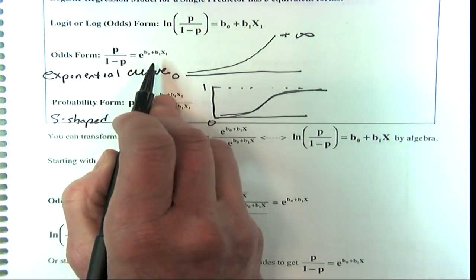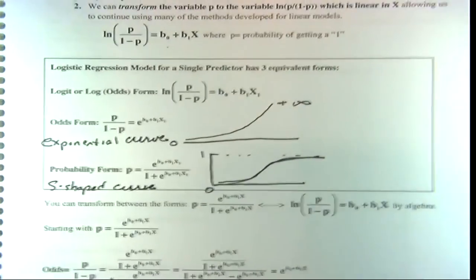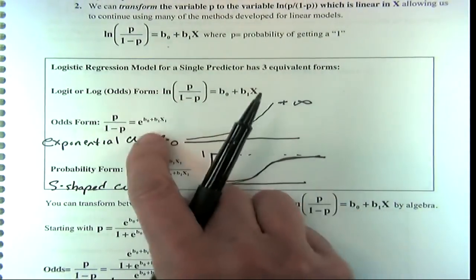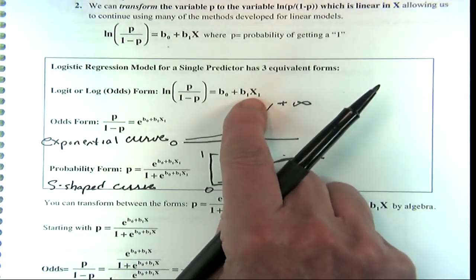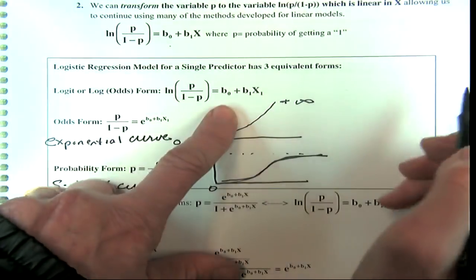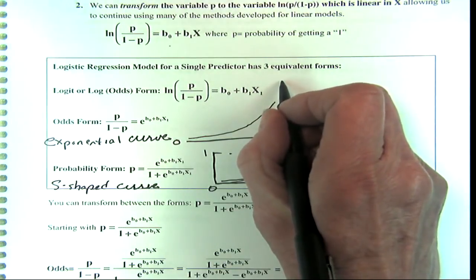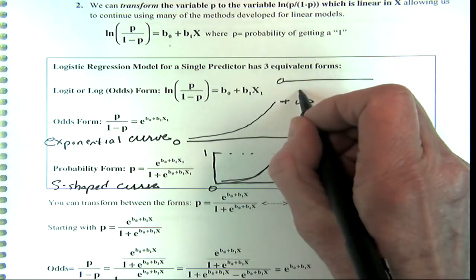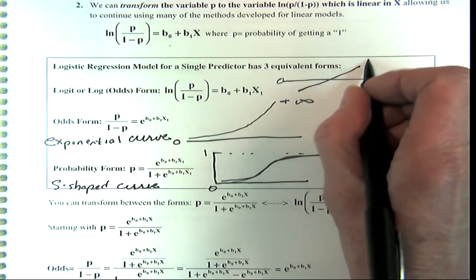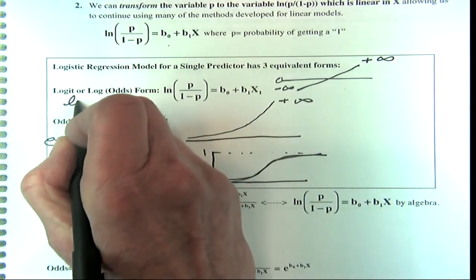If we then take the log of the odds right here, that's just the exponent up there. And now we have this nice linear equation that ranges from what? It's a linear equation that would go from, if you have 0, negative infinity to positive infinity. And that's just a line.